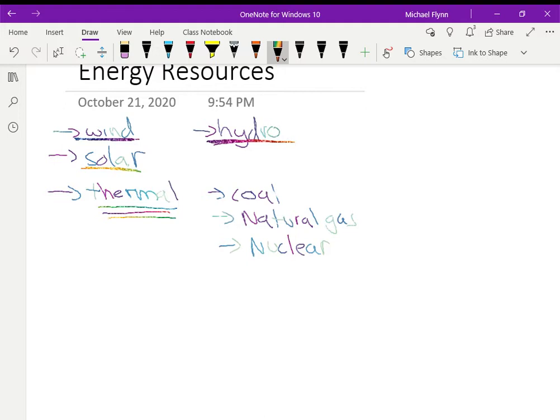So what are the various ways that we use to create heat for that? Well, coal is one way. That's the worst way by far. It's very harmful to the environment to burn coal, so we really want to stay away from that one.